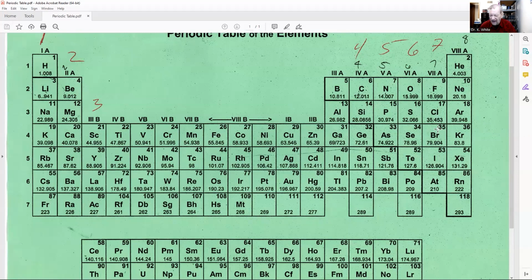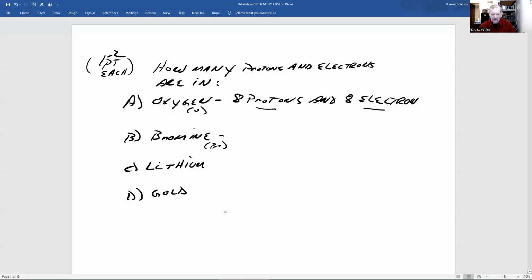But since all atoms of elements have a net zero charge, it equals the number of electrons. So if the atomic number is 35, bromine has 35 protons, 35 electrons.